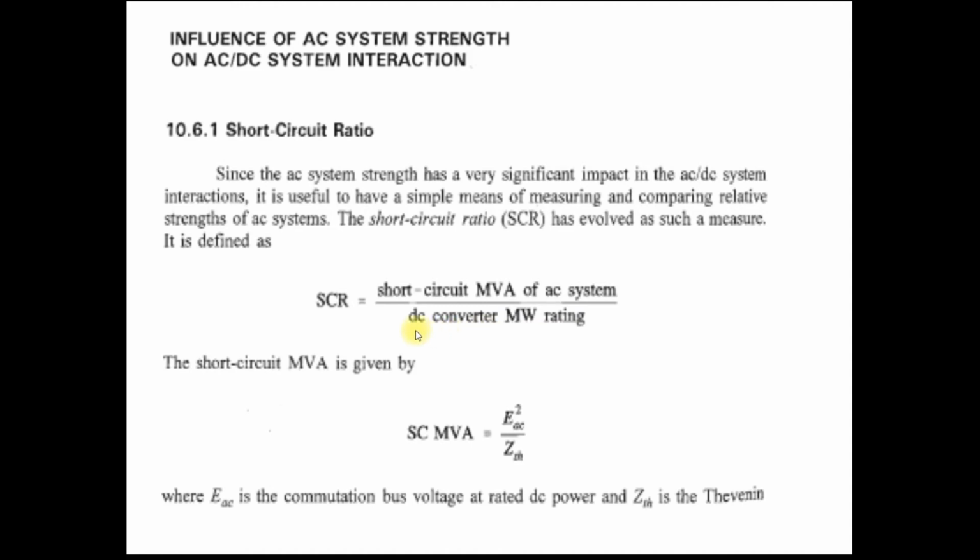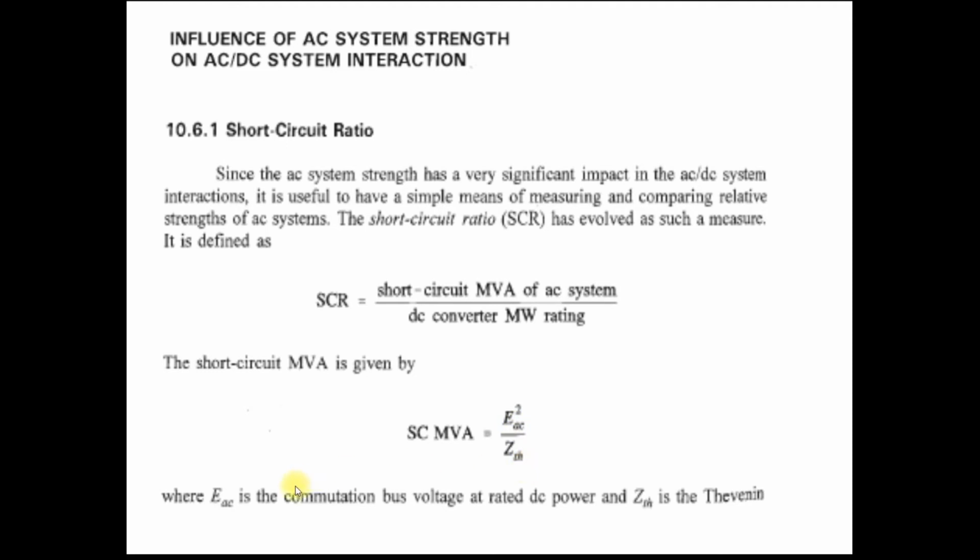However many megawatts you have designed the HVDC line for, that megawatt rating is the denominator, and the short circuit MVA of the AC system is the numerator. The ratio between these two gives the short circuit ratio. In this definition, the short circuit MVA of the AC system is equal to EAC squared divided by ZTH.